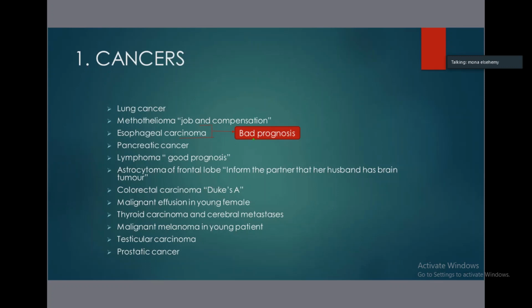It is important to stress to the patient to avoid sun exposure because it is commonly occurring in fair skin when they are exposed to sun massively, and to do what is called regular self-screening, to check if any lesion appears. So she has to notify her GP or physician, and also the importance of long-term follow-up.